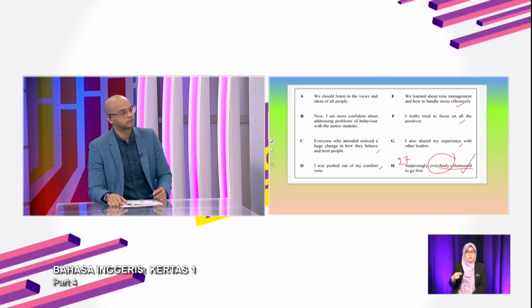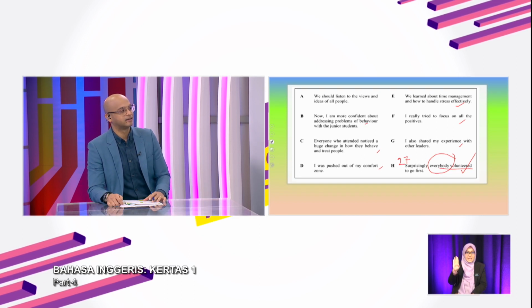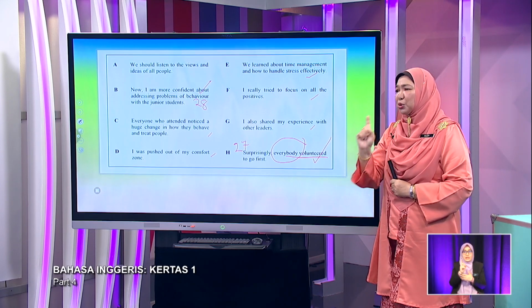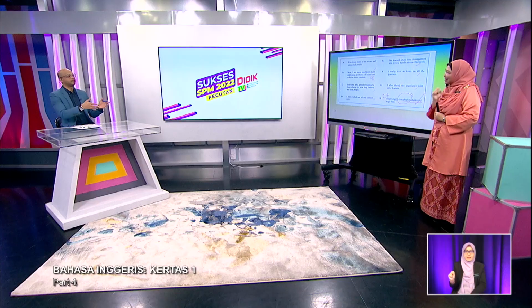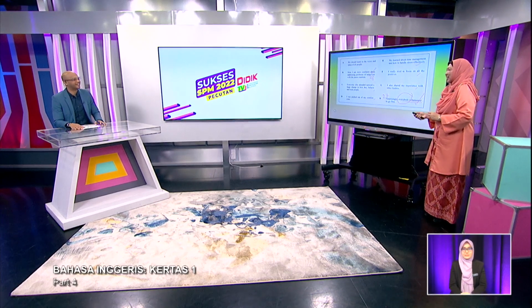So which one is talking about disciplinary cases? I would go for B. Yeah, very good. So this one is number 28. Now I am more confident about addressing problems of behavior with the junior students. Because behavior has to do with disciplinary problems, right? Very good, Sean.